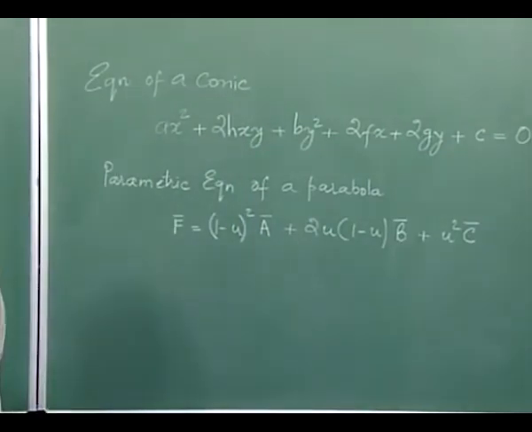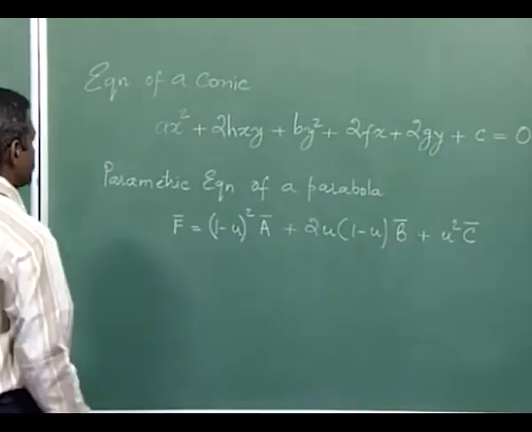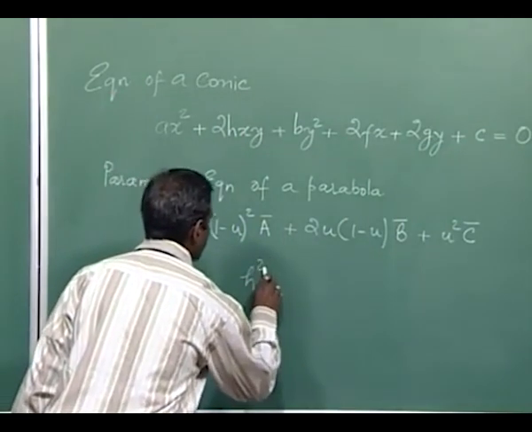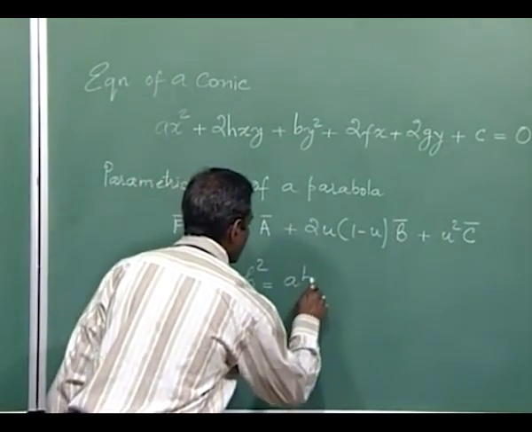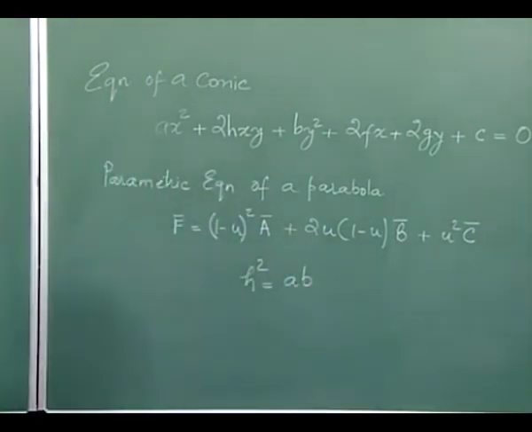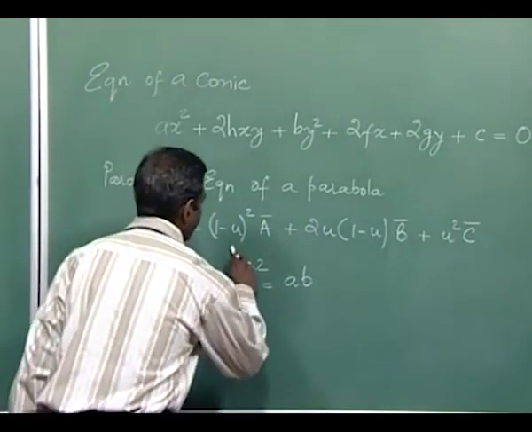And then one could verify for a parabola that h squared equals ab. Let this be an exercise for you.